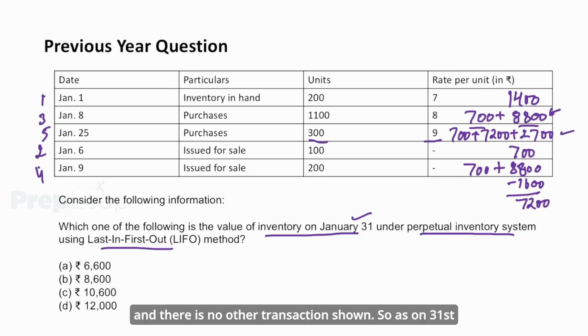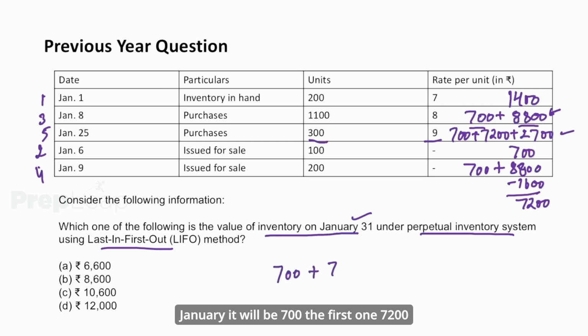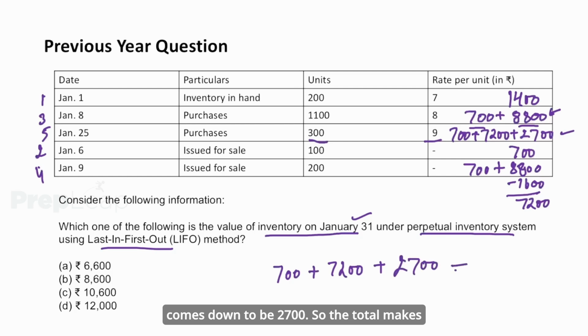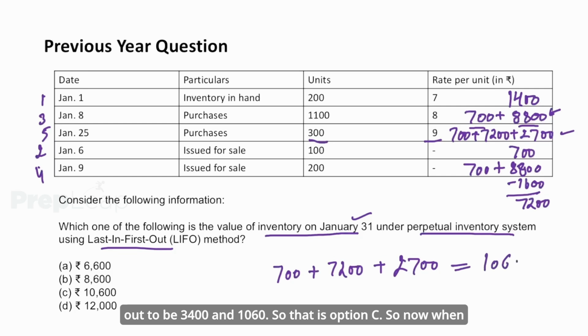So as on 31st January, it will be 700, the first one, 7200 from the remaining of the 1100, and then the third comes to 2700. The total makes out to be 10600. So that is option C.